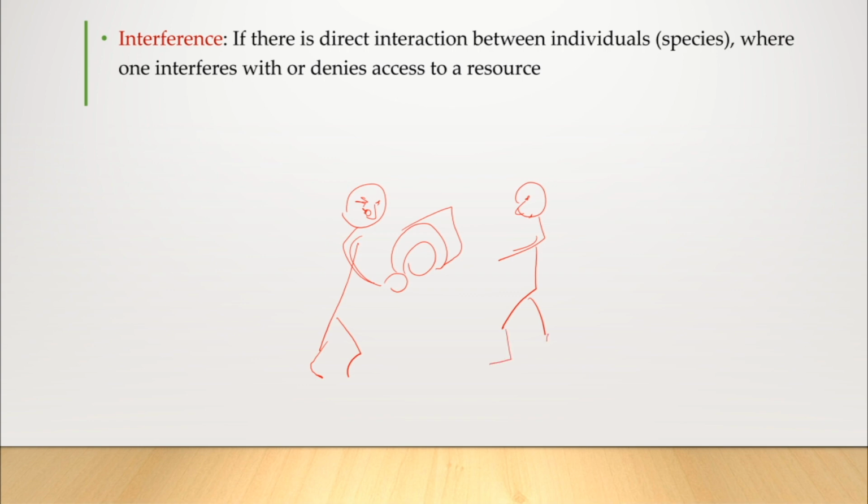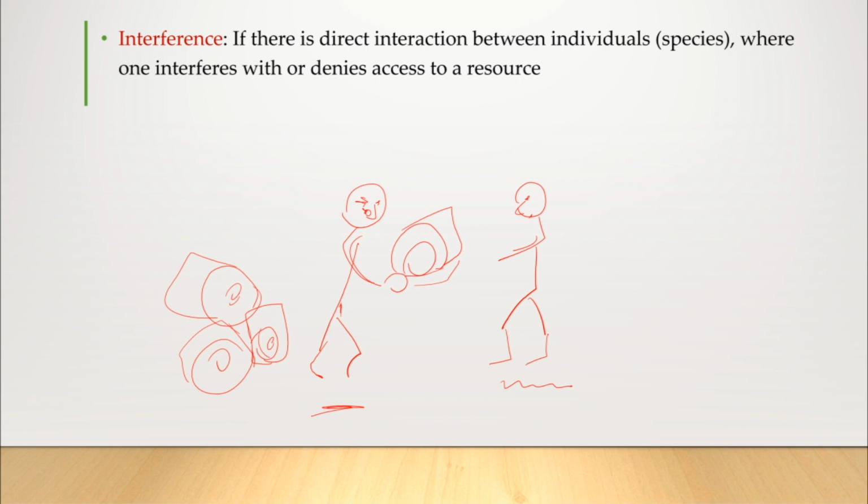That is called interference. Eventually one will have more and the other less, because one is dominant. This is what Charles Darwin says: survival of the fittest. This one is the stronger one and this is the weaker one.